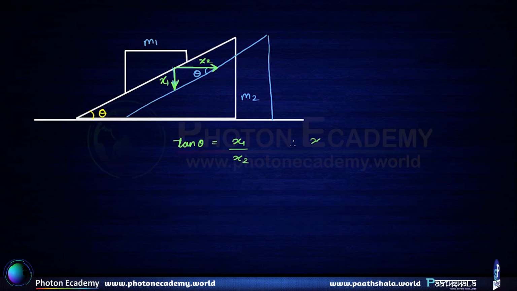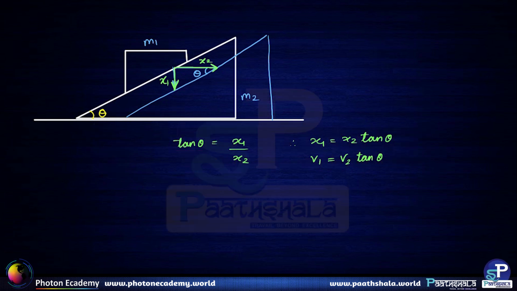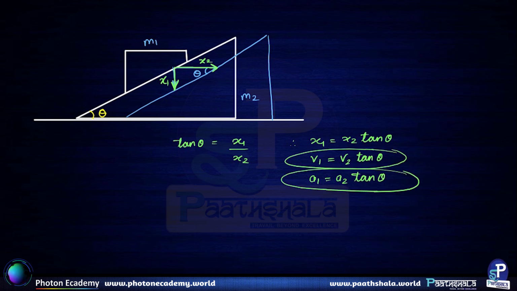Therefore x1 is equal to x2 tan theta. On single differentiating, we get v1 is equal to v2 tan theta, because tan theta is the constraint that is constant over here, and on differentiating one more time we get a1 is equal to a2 tan theta. So this is a situation similar to the first situation.